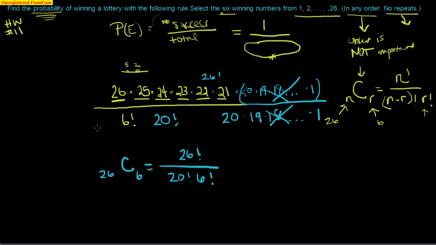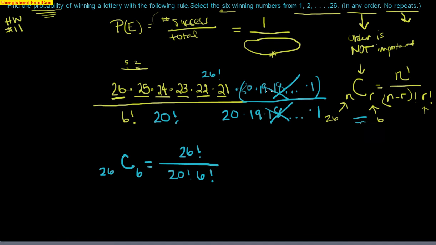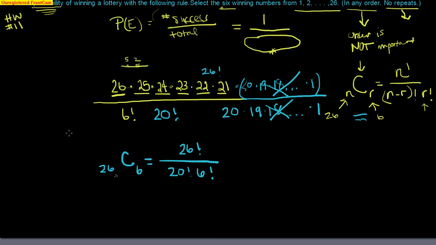All right. So I go through all of this to explain how the combinations work, and where it comes from, because it makes more sense that way. But in fact, way back here, once you realize you have a combinations question, you can go straight to your calculator. Once you know it's 26 choose 6, you don't have to go through all of this work. You just have to go straight to your calculator.